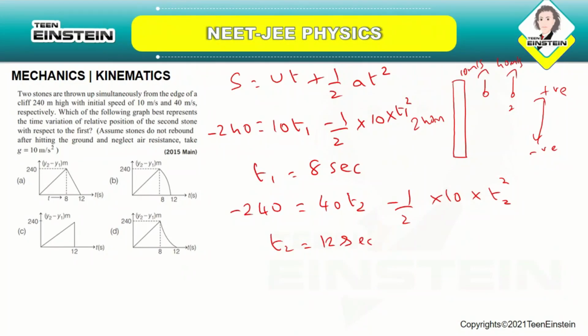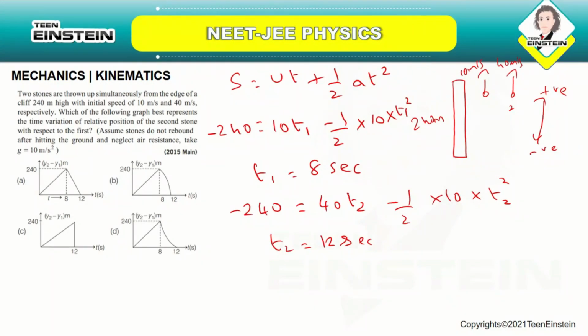The second particle has reached its initial position and is moving downwards, so the relative position will now decrease. The particle is still in the air, so its acceleration is g, or the relative acceleration is g. So the graph which is having a parabolic representation is the correct one.